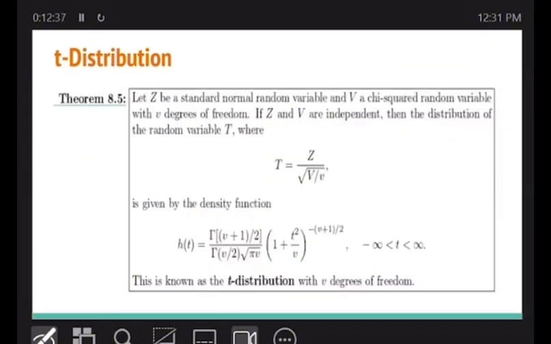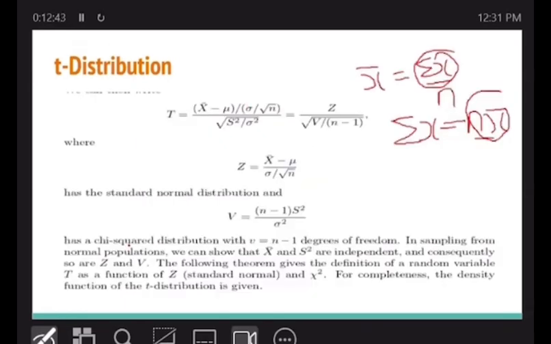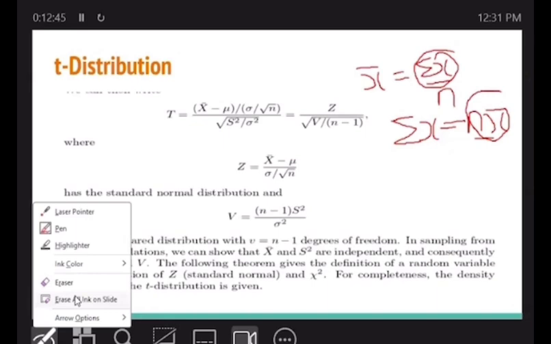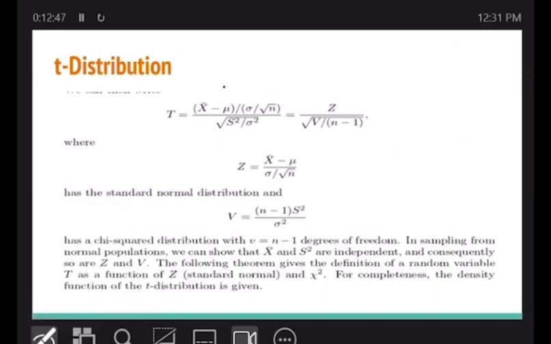Now if I want to look at the T distribution, when you take a look at this guy here, this is a T statistic. Do you know that if I give you this in an exam, if T equals this, give me 1 second.